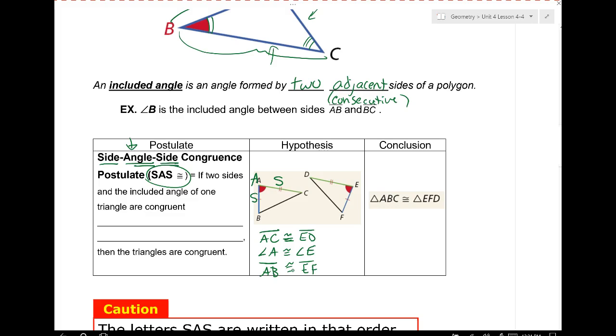It says, if 2 sides and the included angle of one triangle are congruent to 2 sides and the included angle of another triangle, then the triangles are congruent. I'm going to do the triangle symbol here just to save us some space.